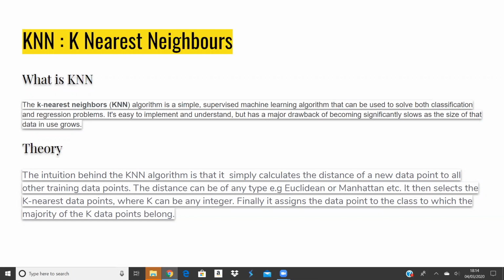The role of K here is that we decide beforehand how many nearest neighbors will be found. For example, if we have a new data point, a new item, we calculate the distance of that data point with the other data points which already exist.